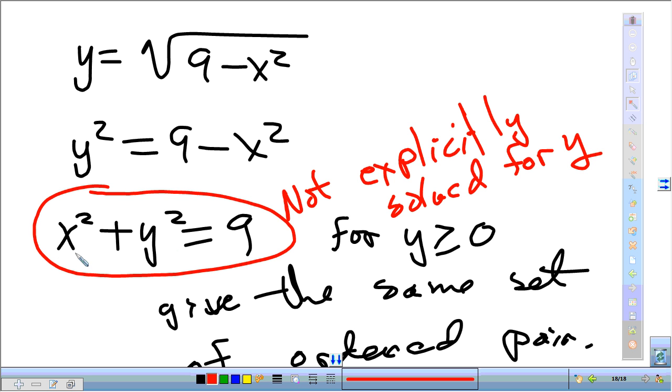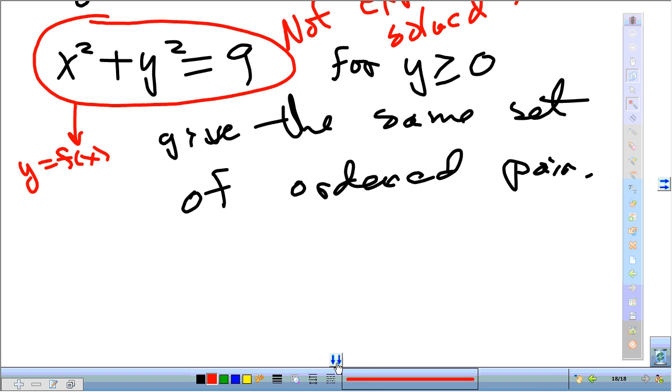Given an x, well, there is a y, according to this equation. So there's some expression that should give us y in this, but not explicitly stated. So it's implied in the equation that we have ordered pairs and that given an x, we could compute a y, but it's not explicitly stated.